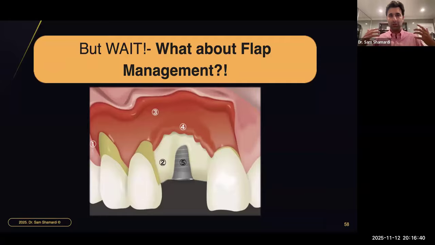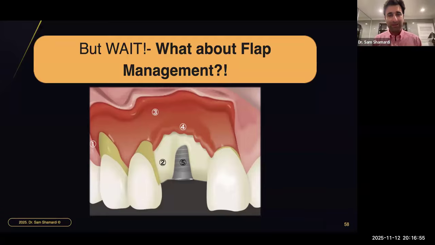Again, we mentioned there's a lot of lingo with regenerative materials. Same thing with flap management. We don't have in tonight's course an opportunity to go over all the tips and tricks about how to lay flaps, about how to create vertical releasing incisions.